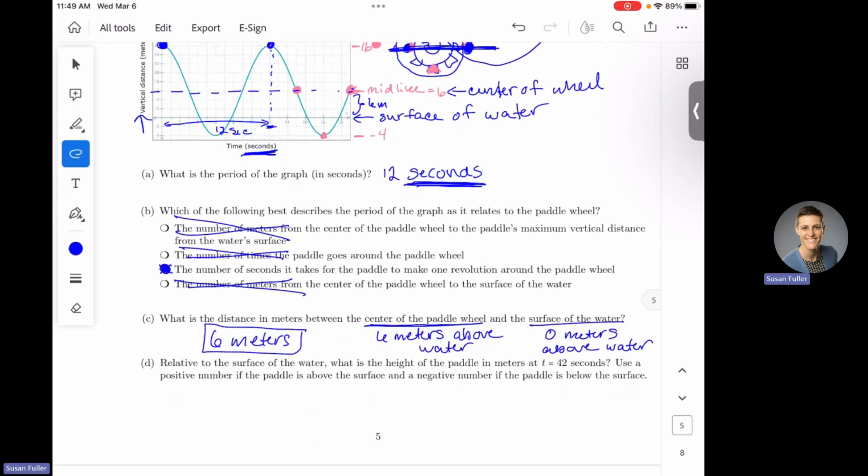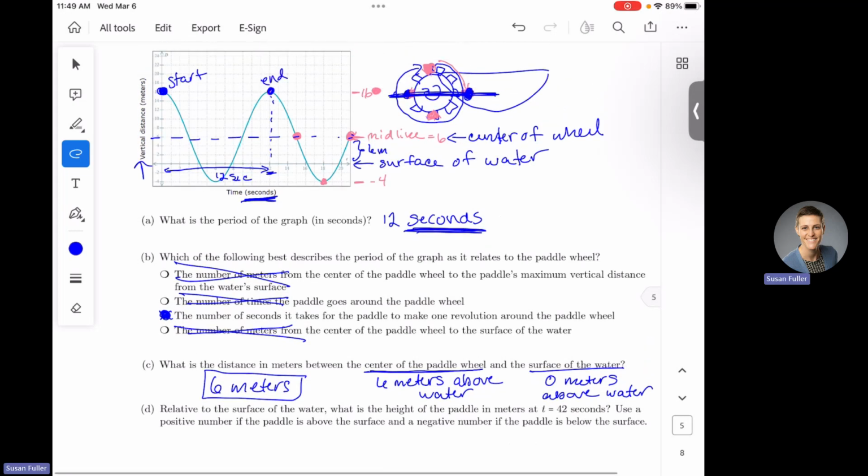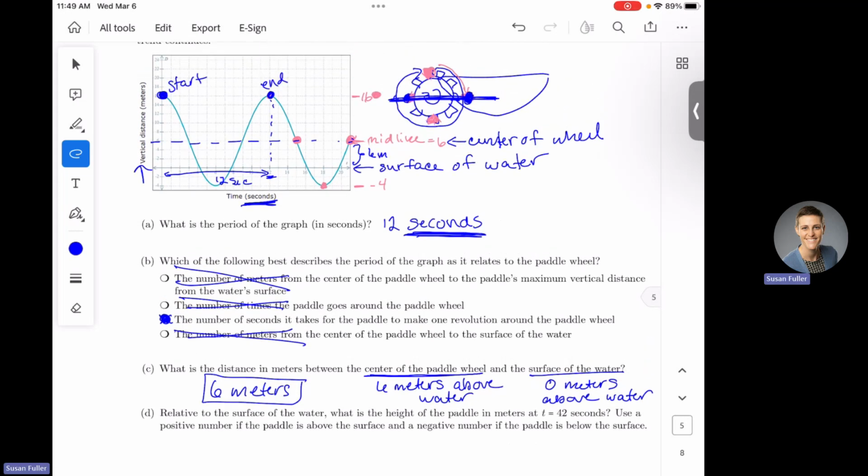And then relative to the surface of the water, what is the height of the paddle in meters at t equals 42 seconds? Use a positive number if the paddle is above the surface and a negative number if the paddle is below the surface. Okay, so we want to know the height when t is 42. Notice that t equals 42 is not on my graph, right?